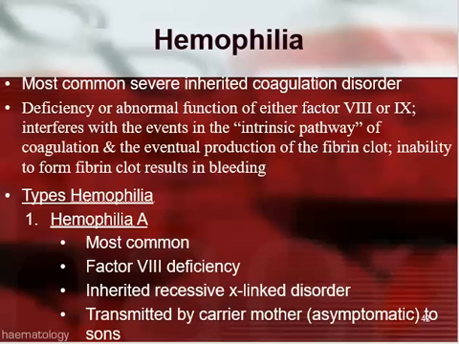And so this is how it is. It's a lot like muscular dystrophy. This is the hemophilia that's found in the royal families of Europe. This is the one that the Tsarevich in Russia in the early 1900s had.